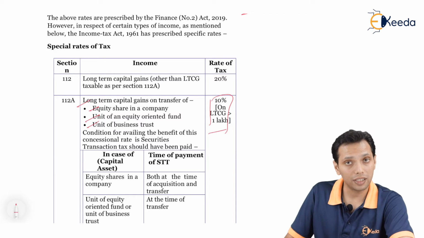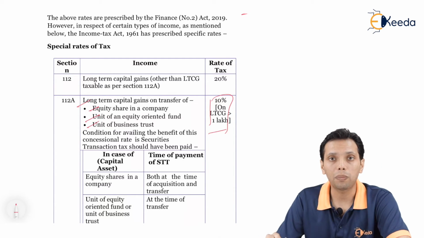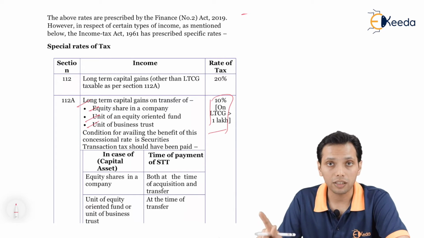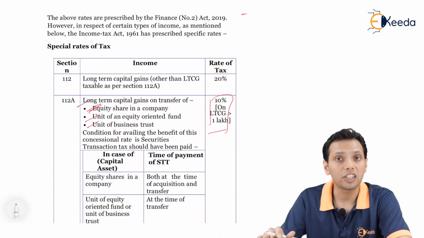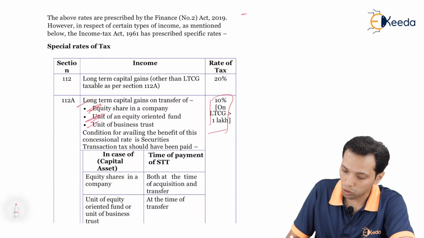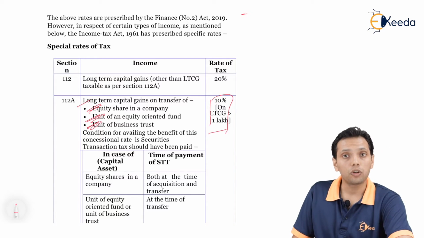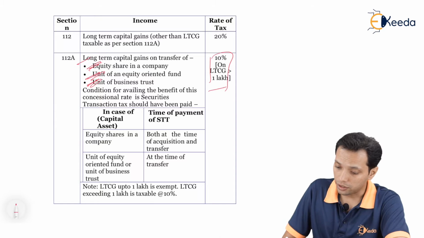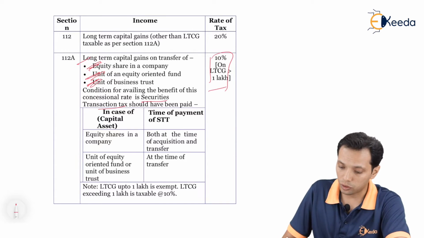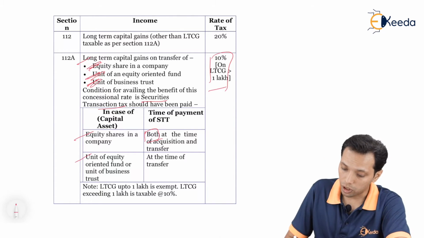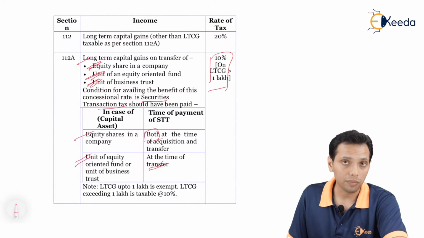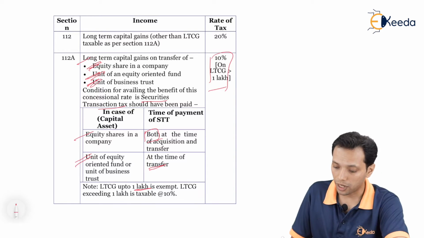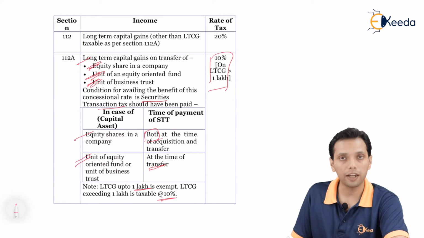Condition for availing the benefit: STT should be paid on both purchase and sale of shares in the case of equity shares, and STT should be paid on the transfer in the case of unit of equity oriented fund and unit of business trust. As you can see, the condition for STT in the case of equity shares covers both acquisition and transfer, while for equity oriented fund and business trust it applies at the time of transfer. Long-term capital gains up to 1 lakh is exempt and above 1 lakh is taxable entirely at 10%.